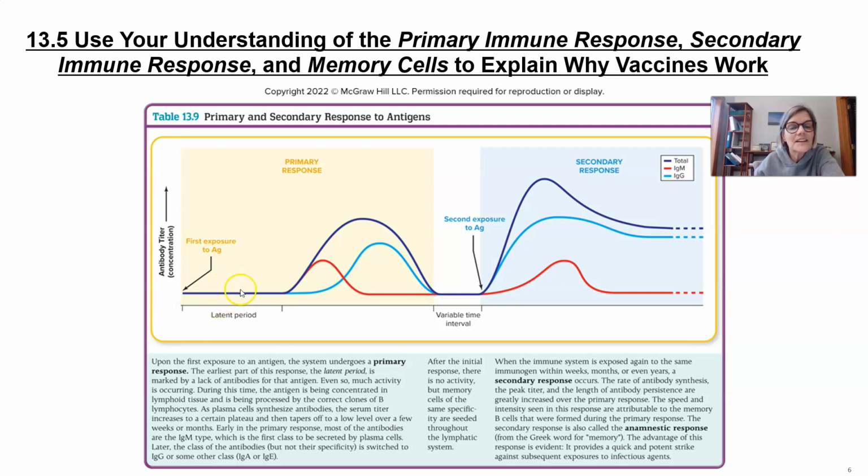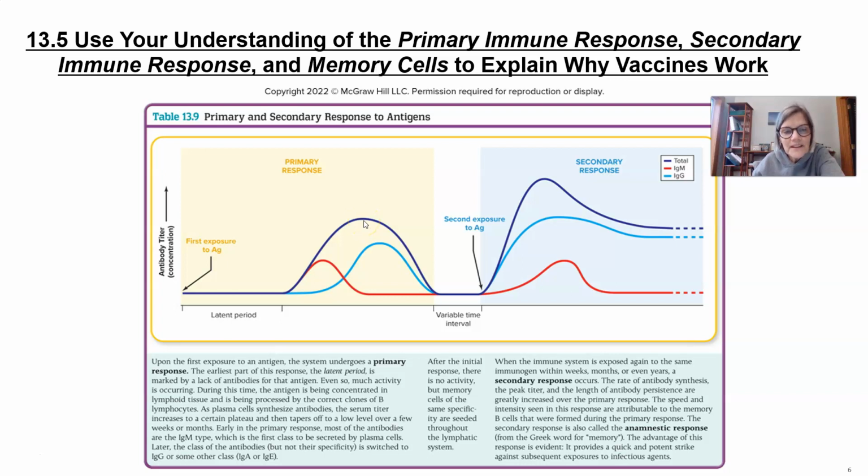It's not protecting you yet. And so you might get sick during that period. But eventually your body does start to make antibodies. You do start fighting off this pathogen, and you usually get better. So the primary immune response isn't as great as the secondary immune response, but most of the time you are going to improve and get better from this.